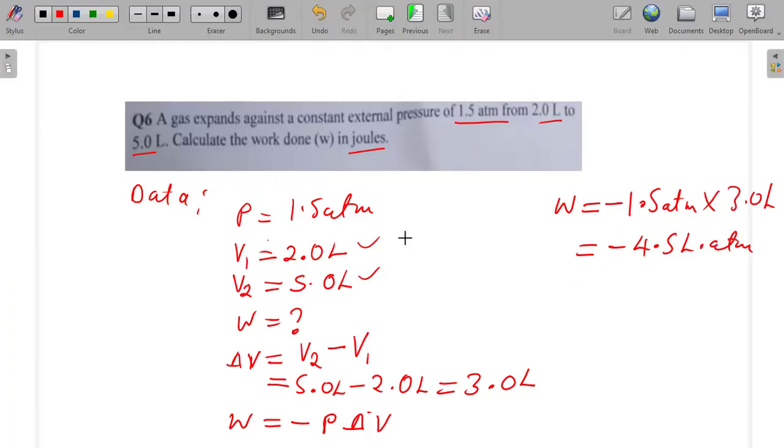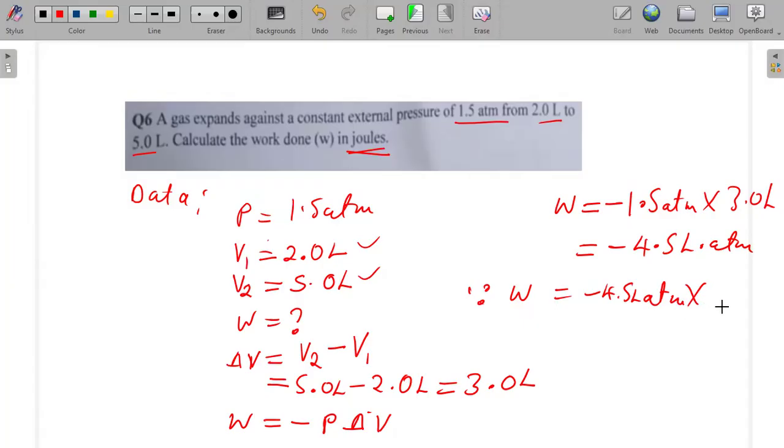Okay, so now remember the question is asking us to find this work in joules. So we need to convert the liter atmospheres to joules. So we multiply that with the conversion factor. Therefore our work will be equal to our negative 4.5 liter atmosphere, multiplied by the conversion factor.